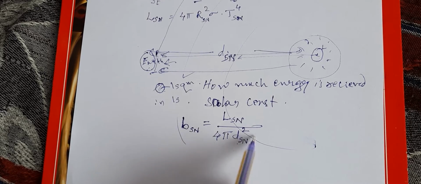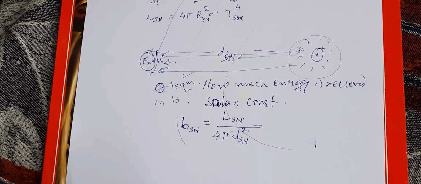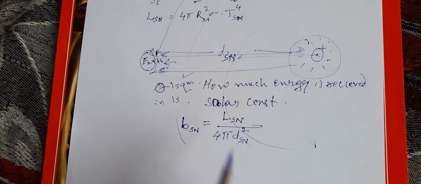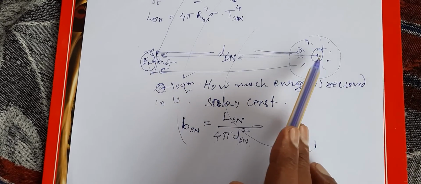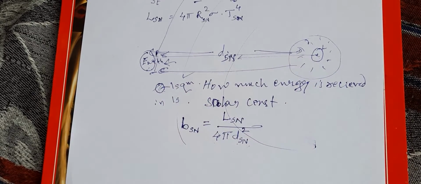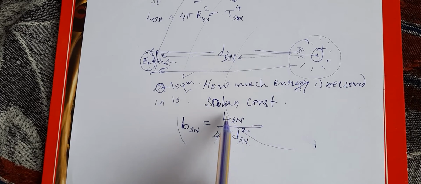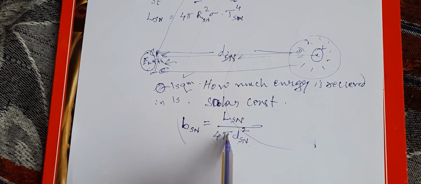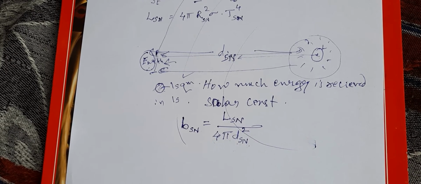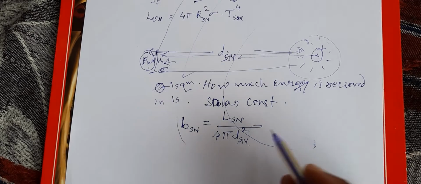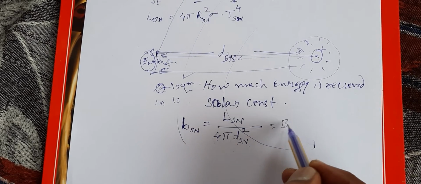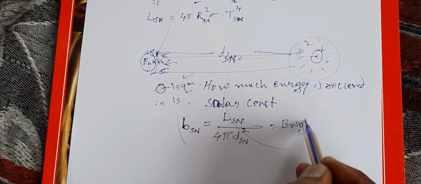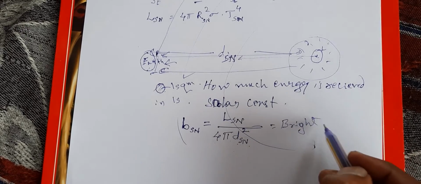This is the total area of the sphere whose radius is the distance between earth and sun. If you divide by that, that will give you the radiation received on earth per unit square meter area. This is called the brightness of the sun.